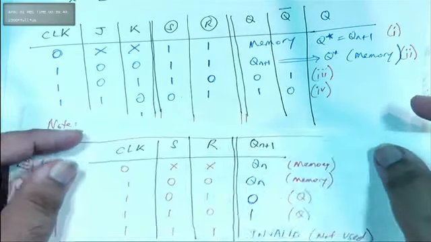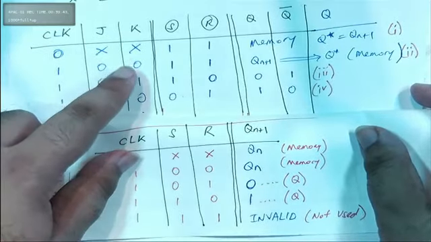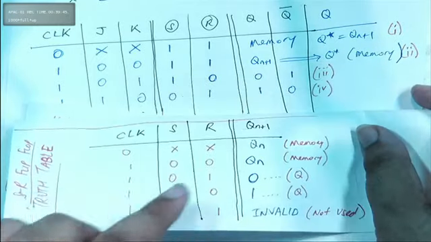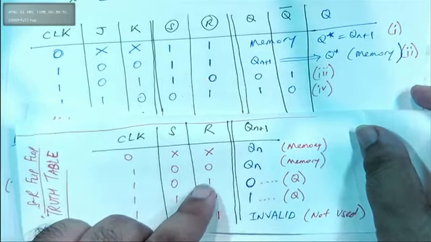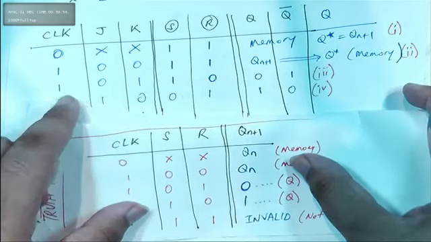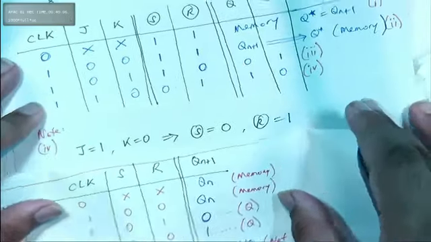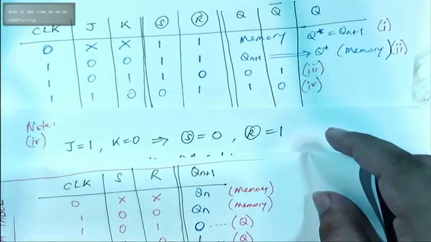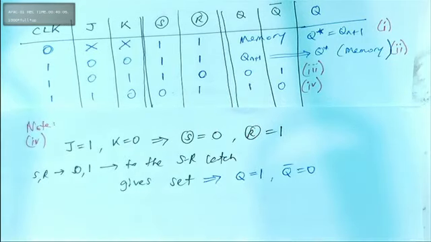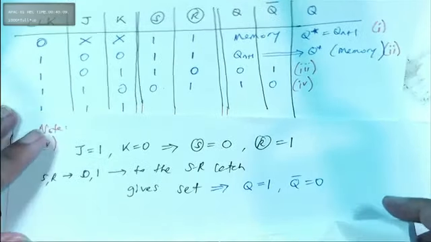This is our SR truth table. 0xx gives memory. 100 gives memory. 101 gives 0 to Q, right? 110 gives 1 to Q. All right? Okay? Now the last one, that's where it differs.